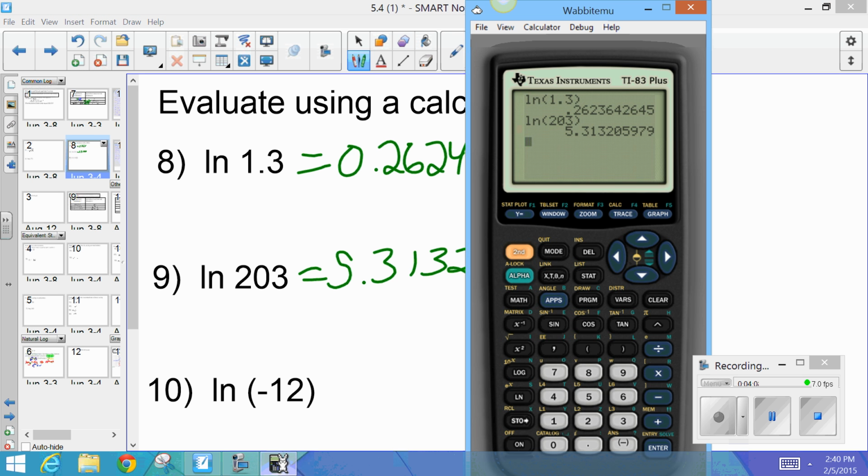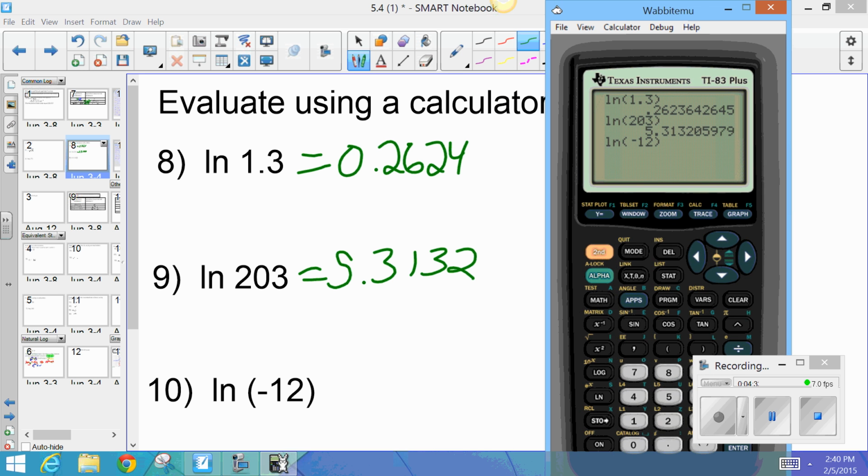The natural log of negative 12. When I try the natural log of negative 12, there it was on the screen. I press enter and I get a non-real answer. Why is that? Hold on, let me think about that for a second.